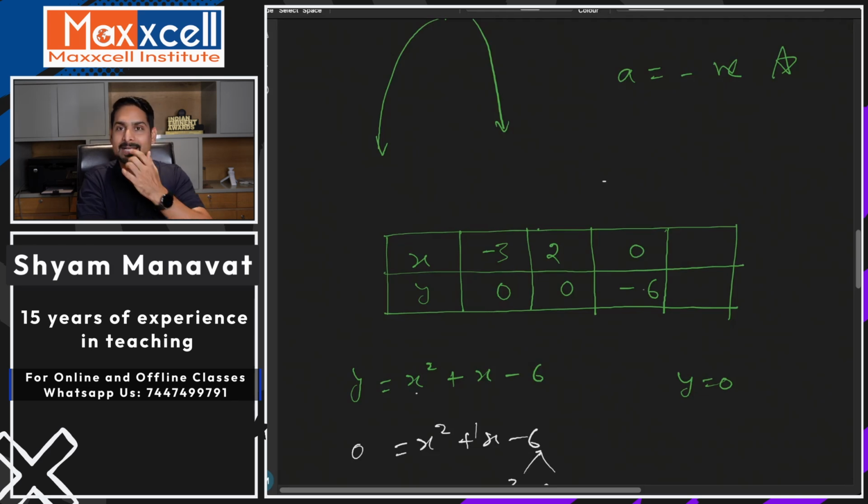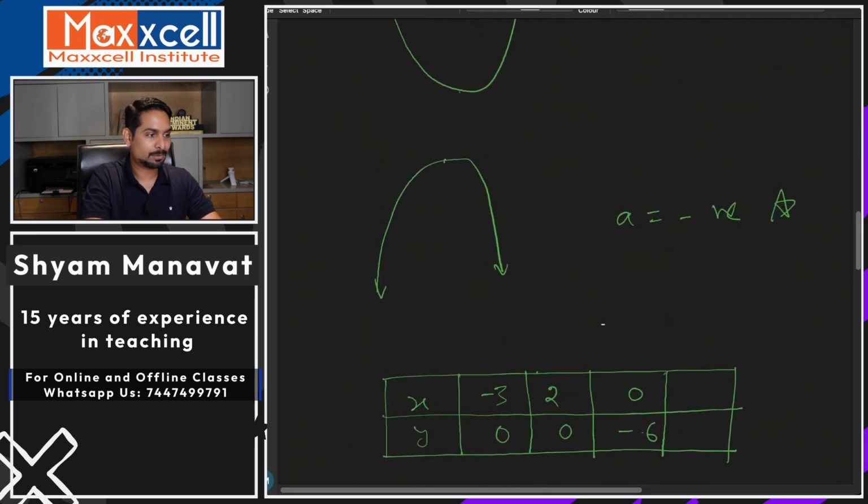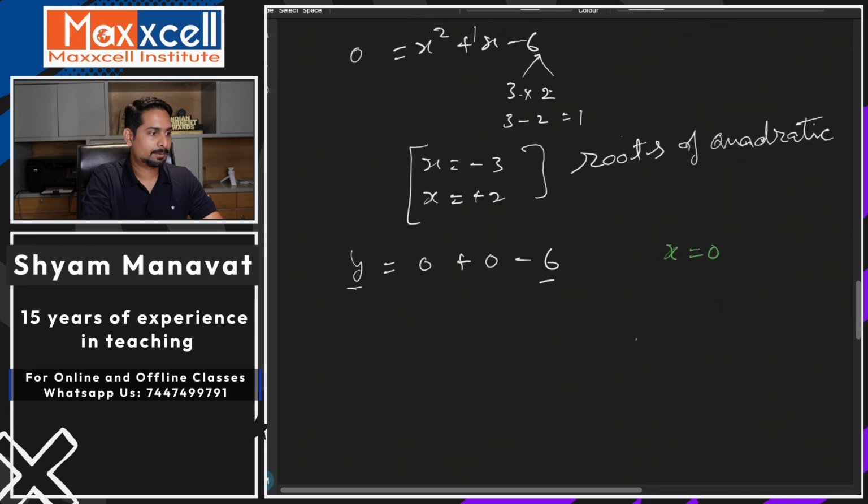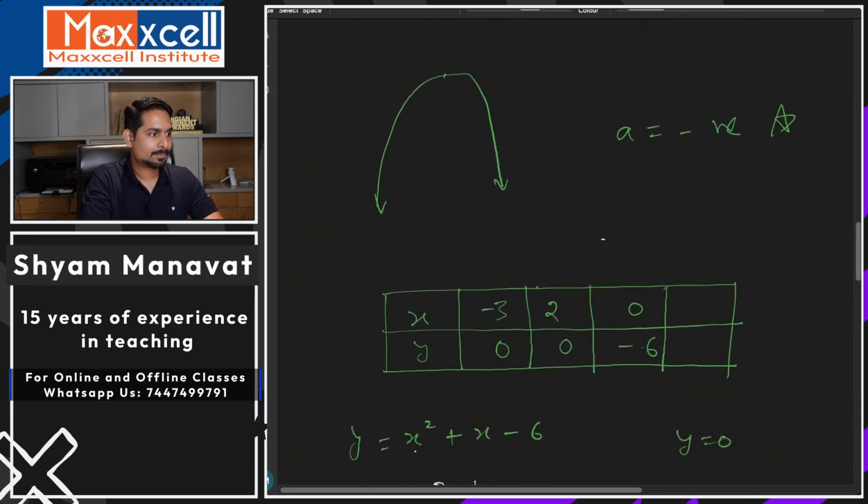For x equal to 0, I got y equal to minus 6. Now here I kept one more space to find the coordinate of the vertex. Let me plot this for you. Here I got one point which is minus 3 comma 0, the other point which is 2 comma 0.